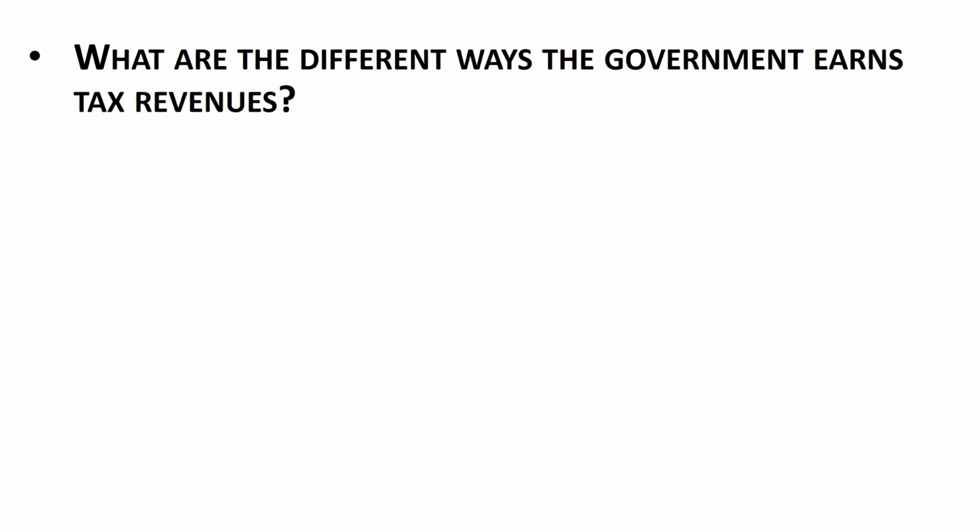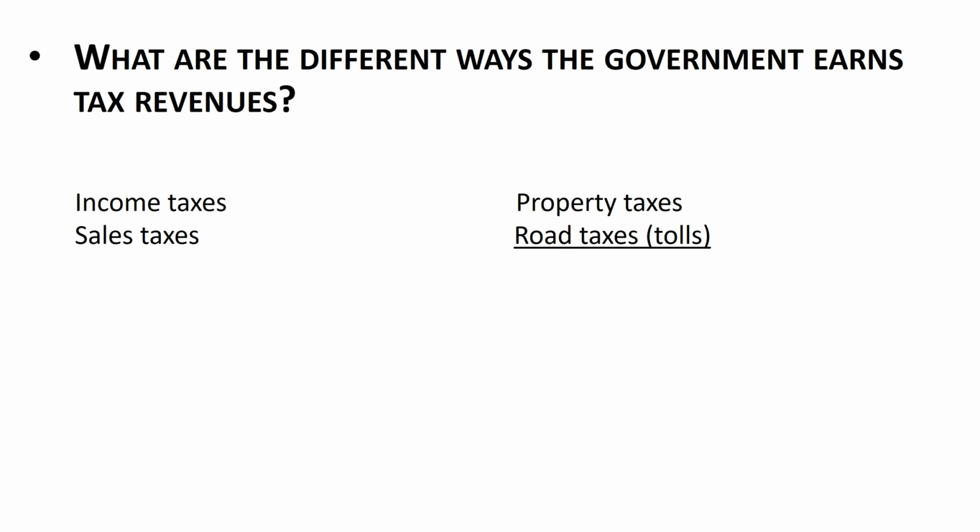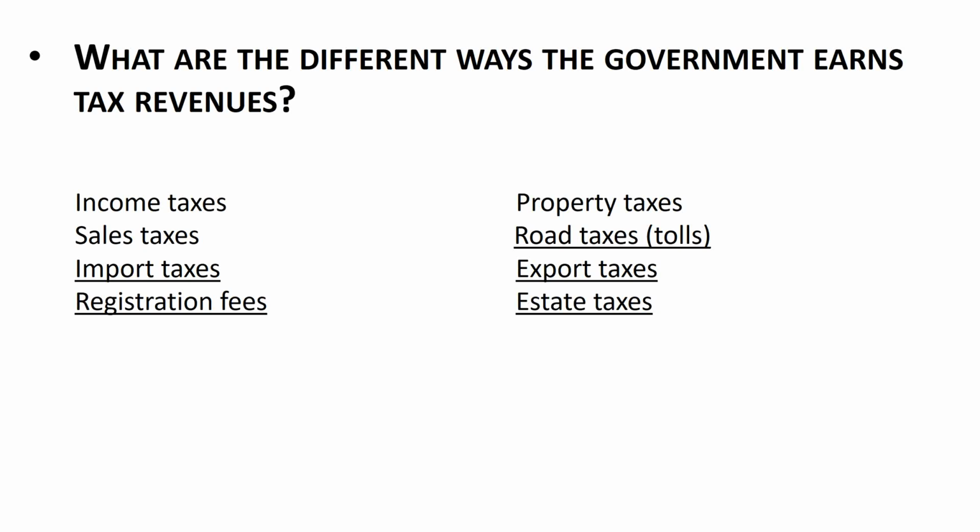What are the different ways the government earns tax revenues, right? Income taxes, whether it's corporate income or personal income, property taxes, sales taxes, road taxes when we pay tolls, import taxes, export taxes. There's a lot of talk about it these days as well by our president.